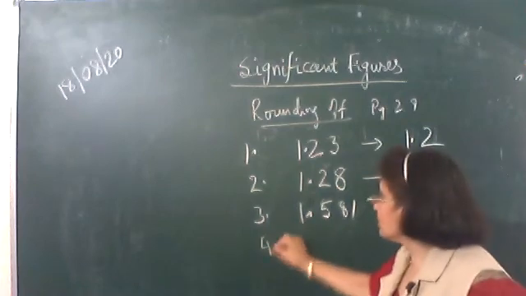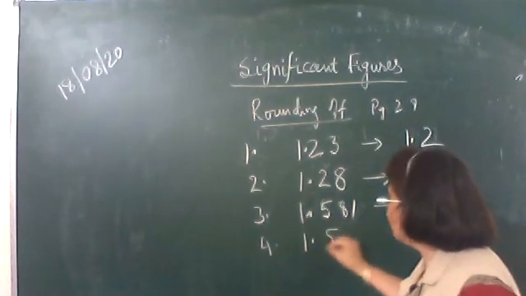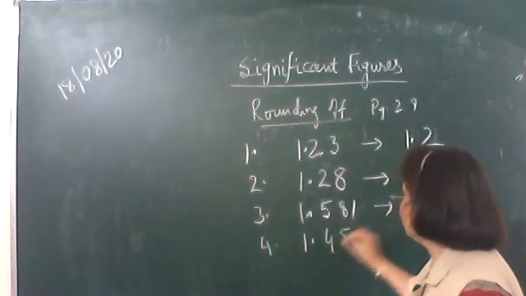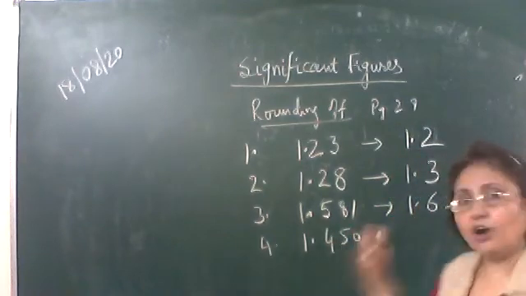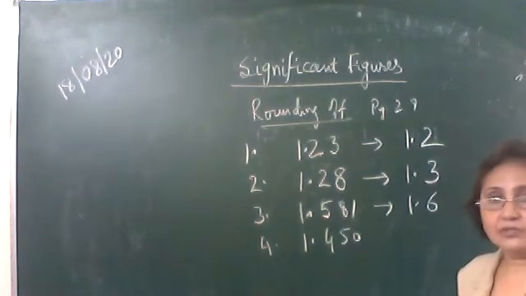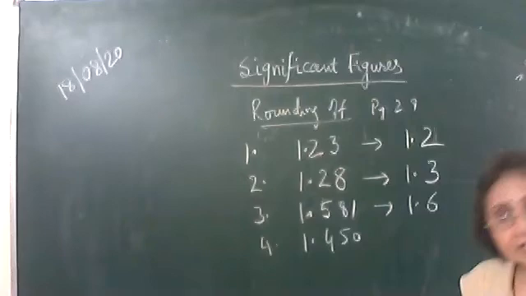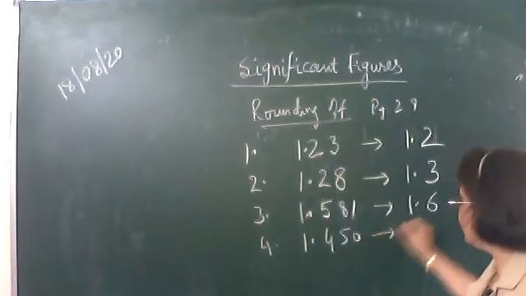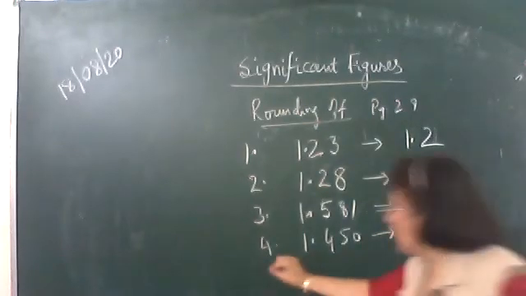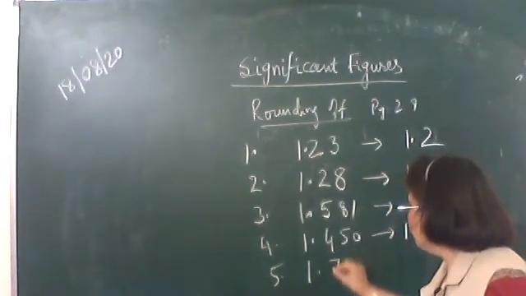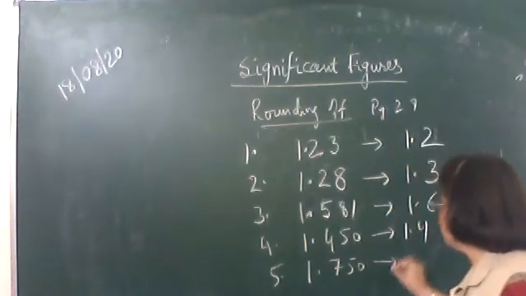The next rule states that if the digit to be dropped is 5, or 5 followed by zeros, then the preceding digit will remain unchanged if it is even, and the preceding digit will be raised by 1 if it is odd.